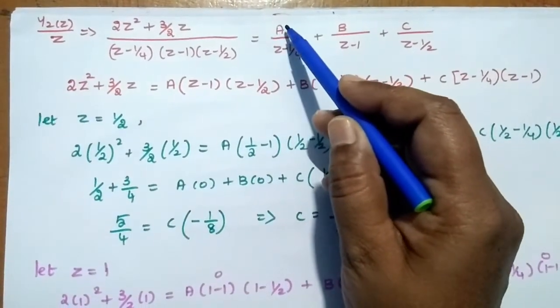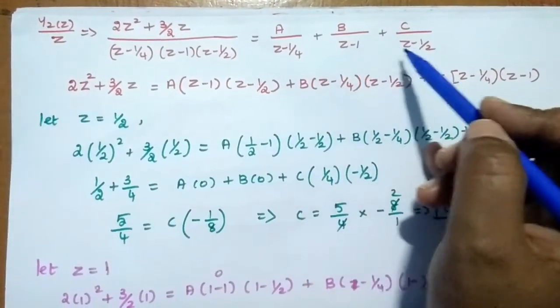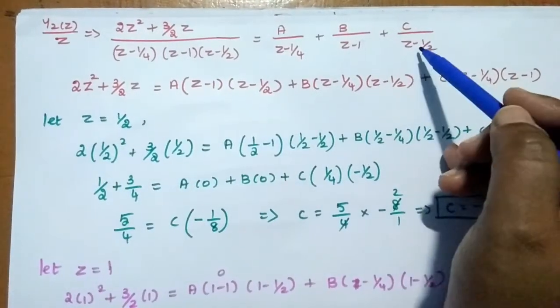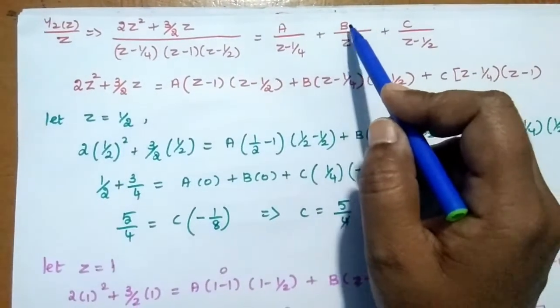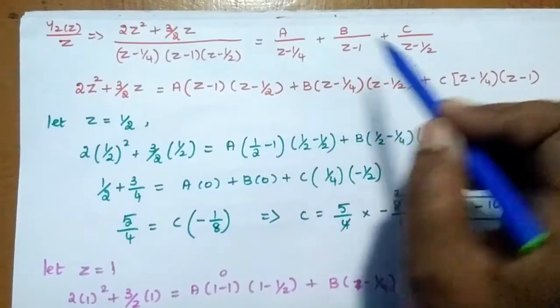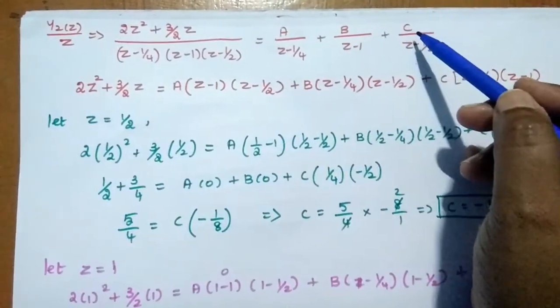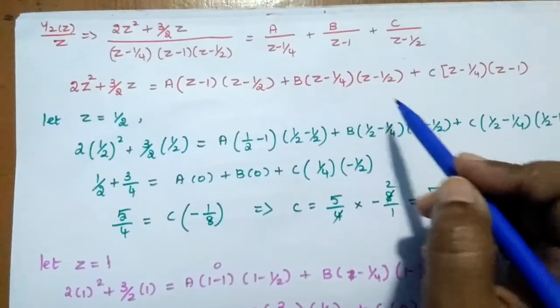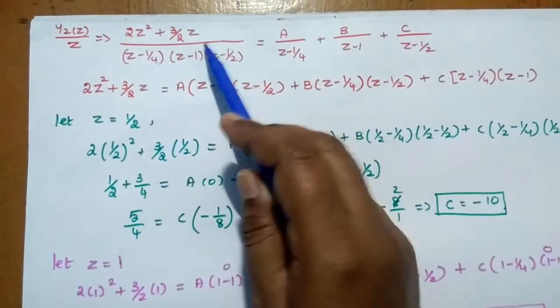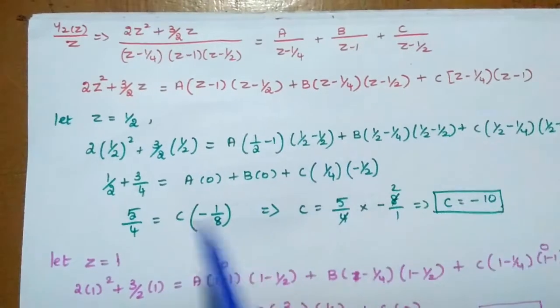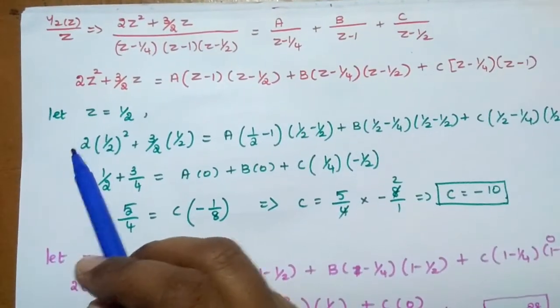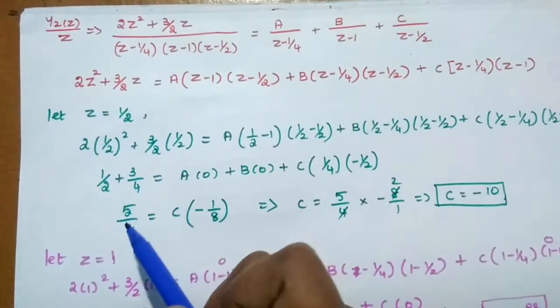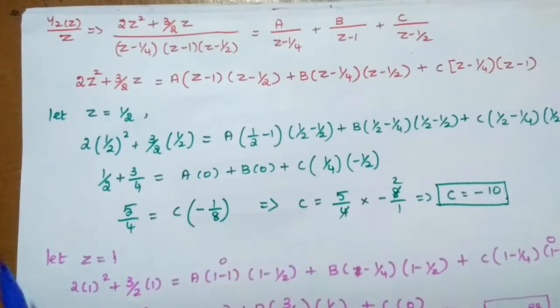So a is multiplied with (z minus 1) and (z minus 1/2), the other two terms' denominators. Likewise b is multiplied with the other two terms except b, and c is multiplied with (z minus 1/4) into (z minus 1). Then we have to equate the numerator value like this. First we are going to find the value of c, then b, and then a.